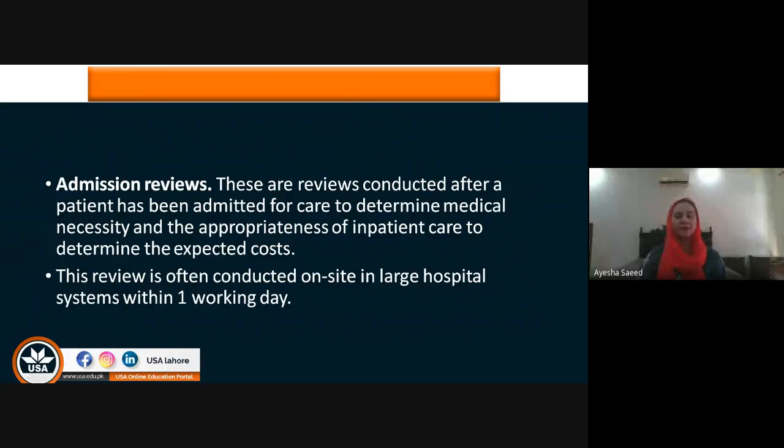And this type of review is mostly done in a very emergency kind of state where the patient could not be held back so that he is reviewed. And this happens after the patient has been admitted.